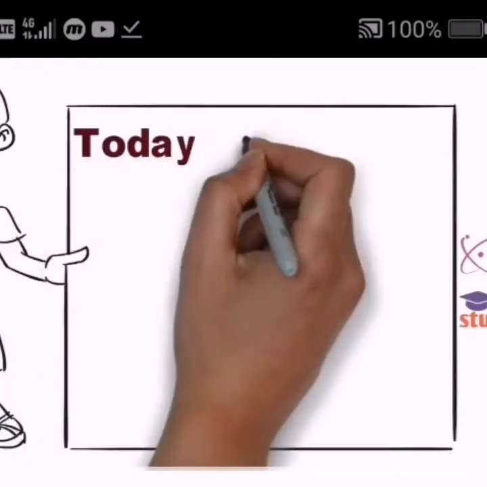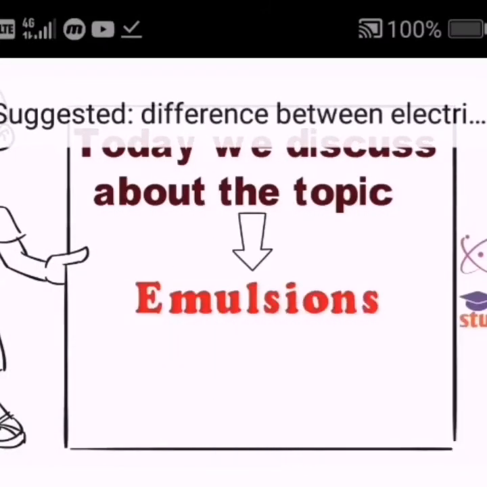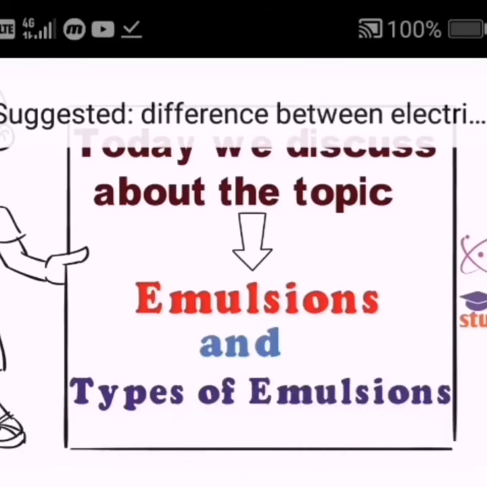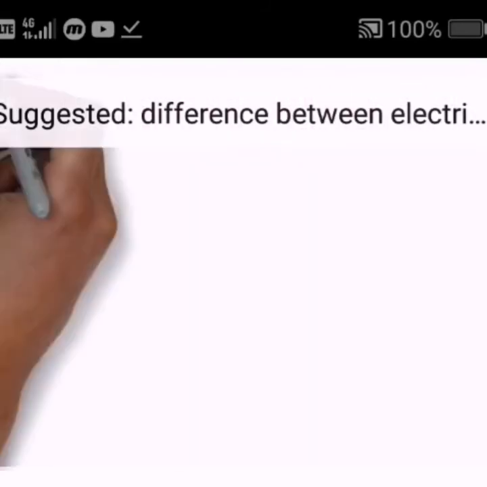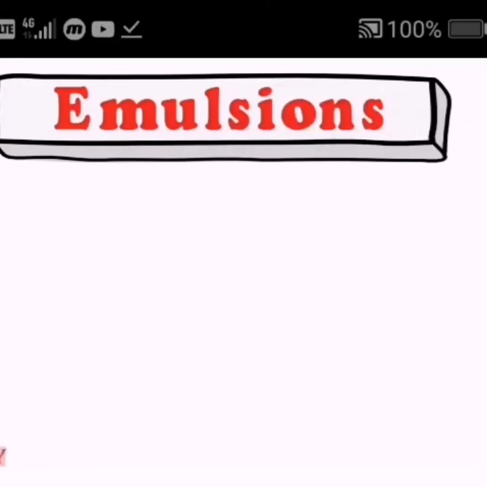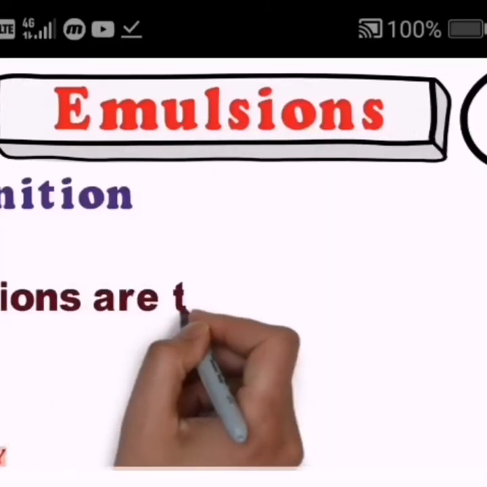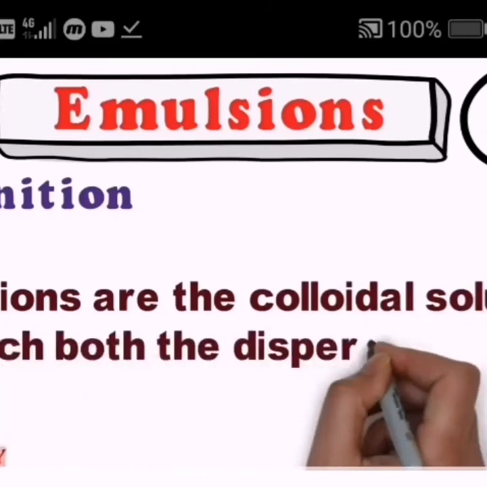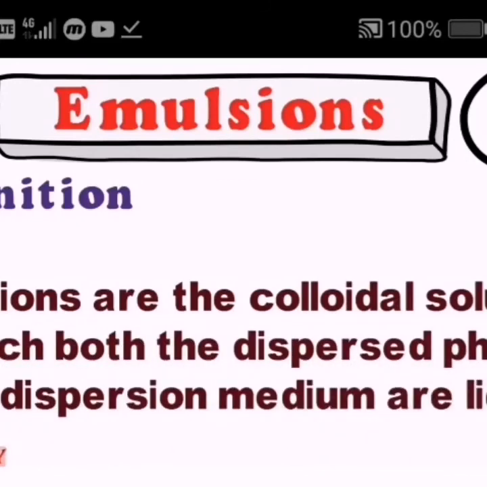Shall we discuss the topic emulsions and the types of emulsions? Let's first look at what emulsions are. The definition of emulsion is: emulsions are colloidal solutions in which both the dispersed phase and the dispersion medium are liquids.